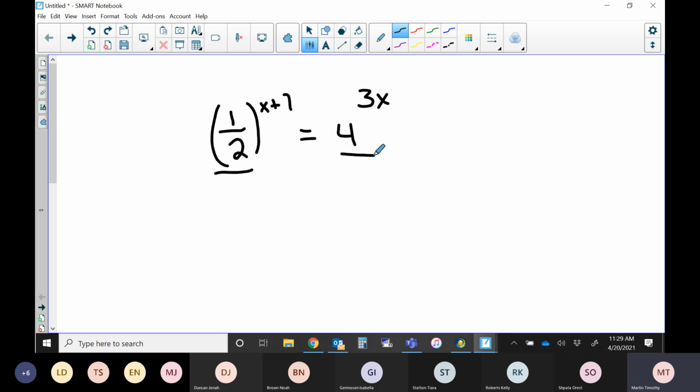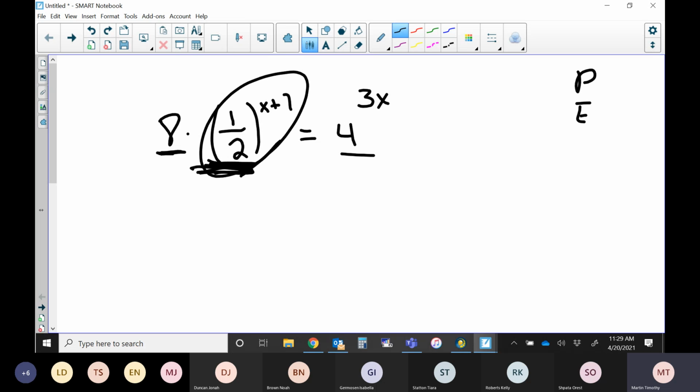Well, let me tell you something we can't do. Can we multiply this side by a number to make it become a 4? Well, that's what someone said. Well, if I tried to times this by 8, first off, there's two things that are wrong. If I times this by 8, you can't actually multiply the 8 times the 1/2 first, because the order of operations says I must take care of this exponent first. So I'd actually have to raise the 1/2 to the x plus 7 first, then I could multiply the 8.